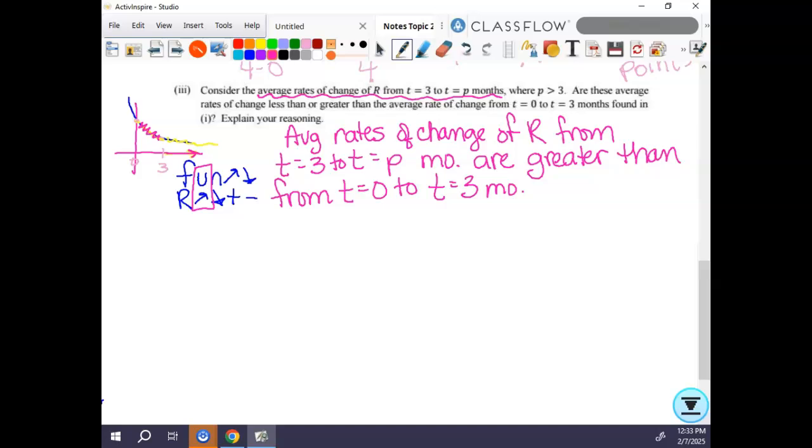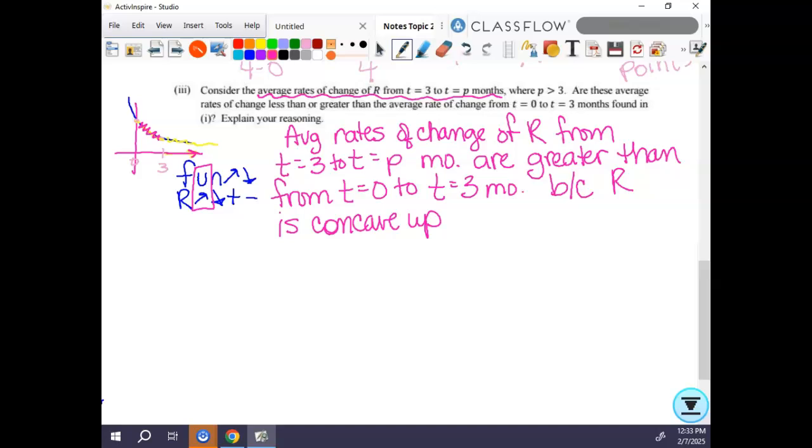Now that's my answer. I don't have my explanation there. So I'm going to say because, and I'm not using it, right? It is not in our vocabulary, because R is concave up. And that's only half of it. That's true, it's concave up, but you have to state that you understand what concave up means.